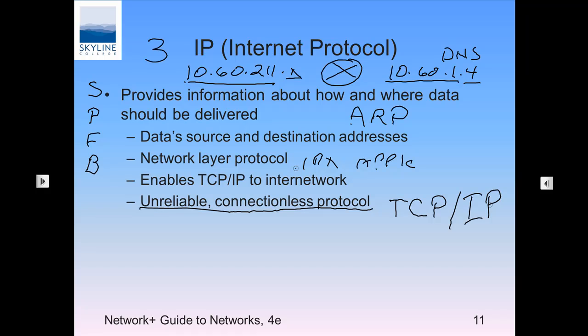If we had UDP and IP, what would we have? Connectionless, sometimes called unreliable, at that layer. So IP is layer 3 and TCP is layer 4.